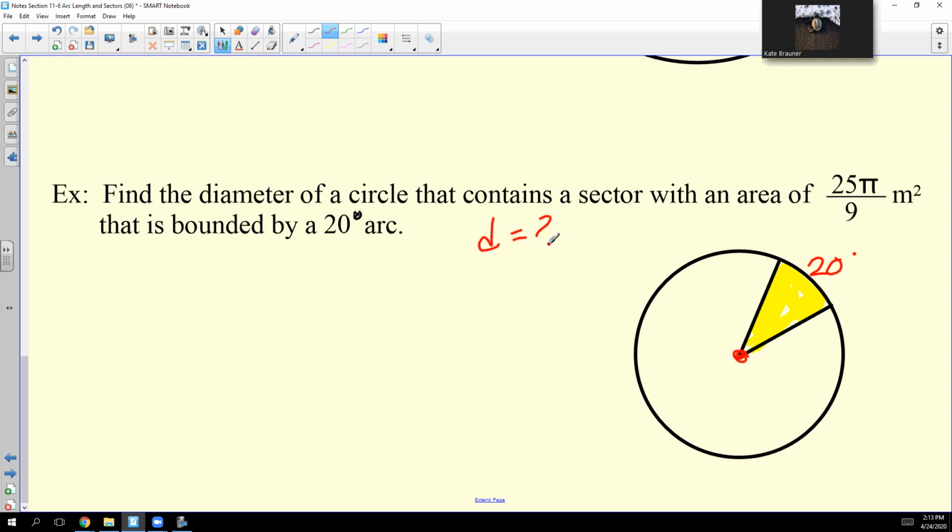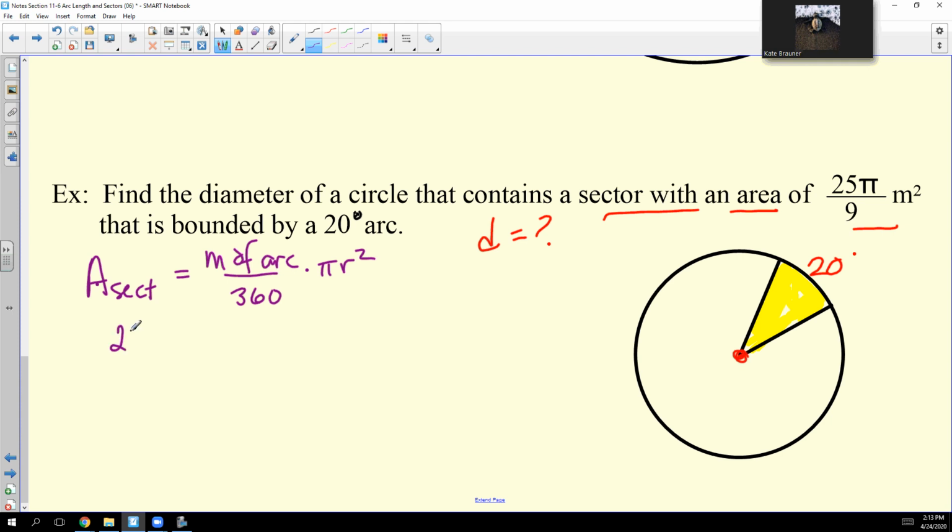Okay, so obviously if we have a sector with a given area, then we need the formula for area of a sector in order to solve this, right? So we need measure of the arc over 360 times pi r squared. The area of the sector is what's known, so I'm going to put that value, 25 pi over 9, in place of the area because I know that information.